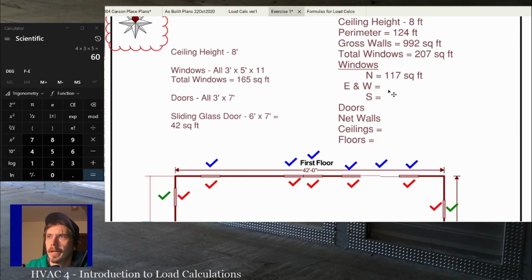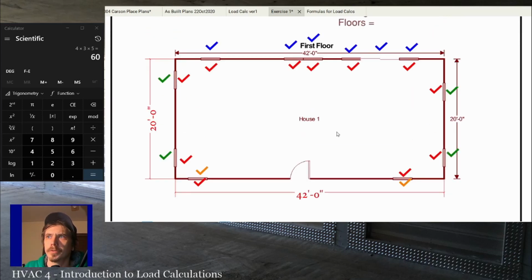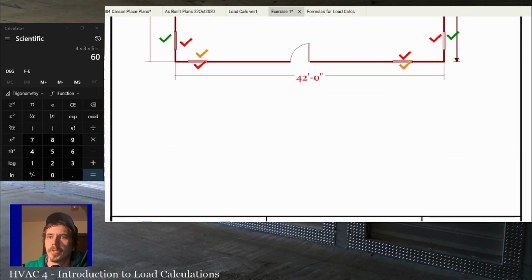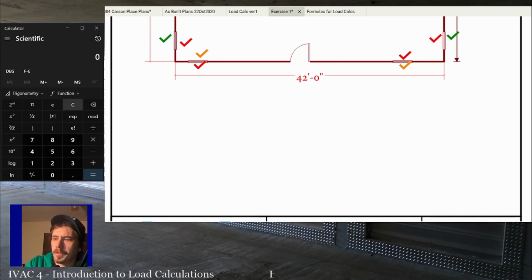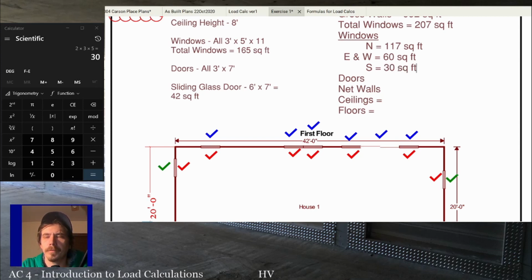So we have 60 square feet of windows that face east and west. Then we do the south windows. Do those in orange. We got 2 south windows. 2 times 3 times 5 should be 30. I already knew what it should be in my head on that one, so I'm not going to do the math twice, but 30 square feet.